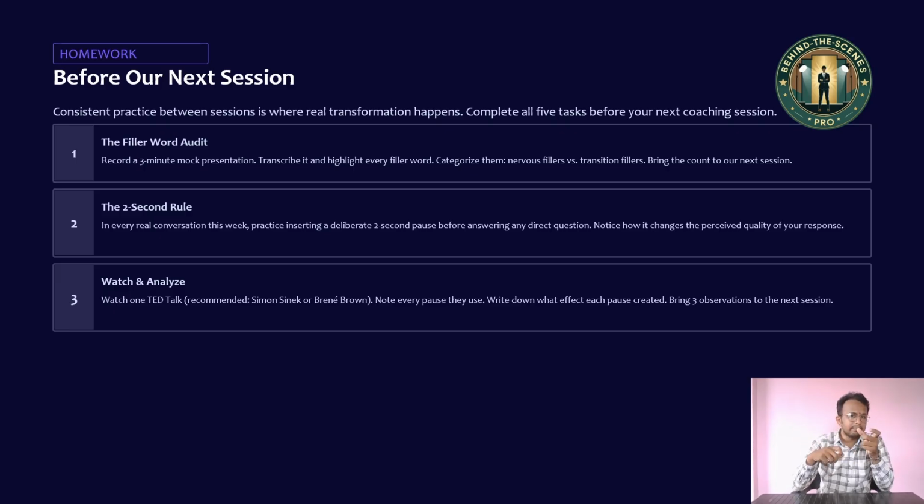Then categorize them as nervous fillers or transition fillers. The second one is the 2 seconds rule. In the coming week, whenever somebody asks you anything in your office or in your college, take a 2 seconds deliberate pause and see how you respond.